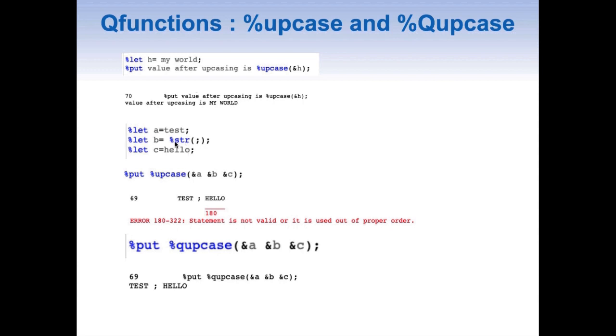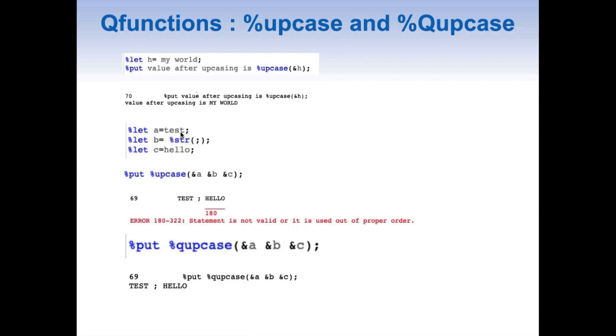And another thing is, if we would not have used %str here for the semicolon, this %let would have ended here, where the semicolon is, and it would have had no value in here. But for this macro variable b, we want the value of semicolon.